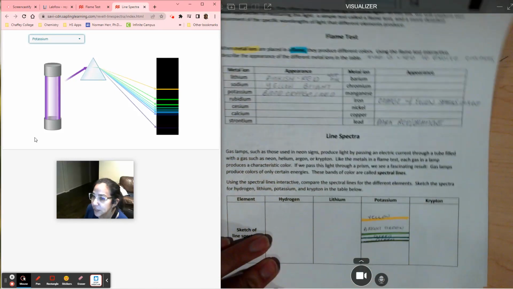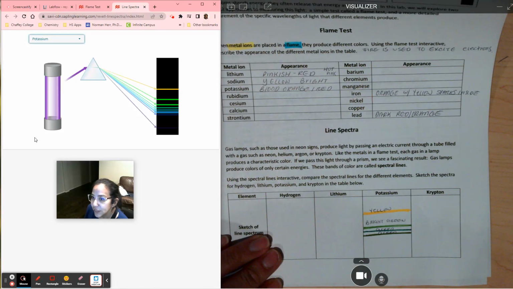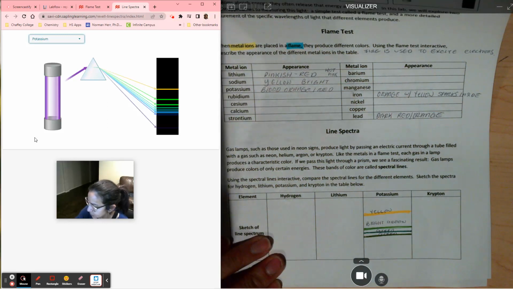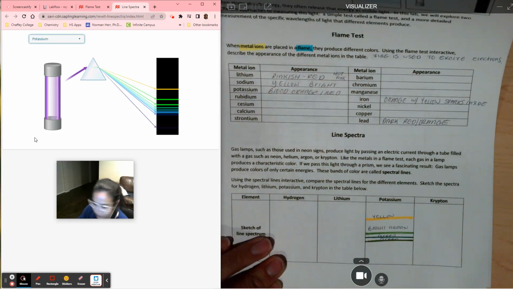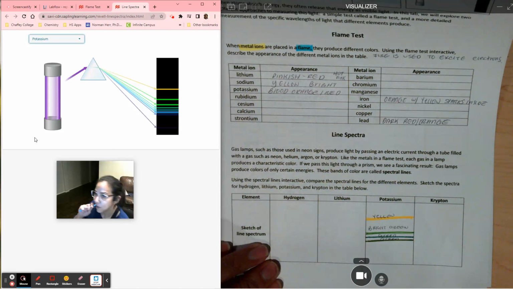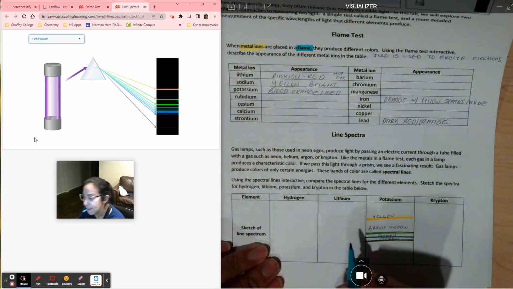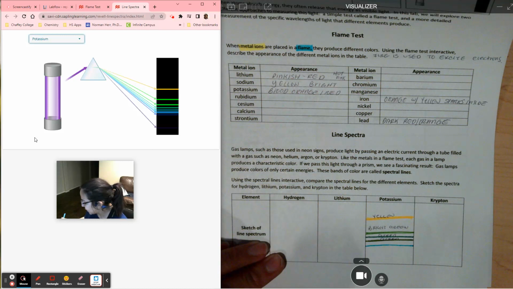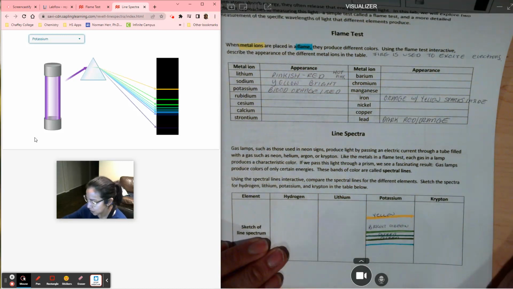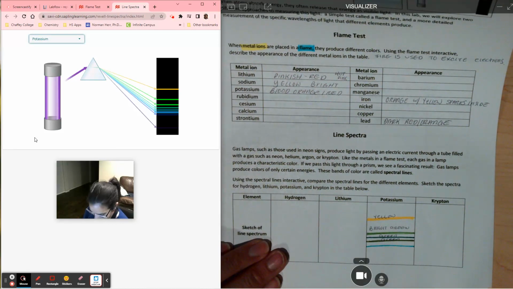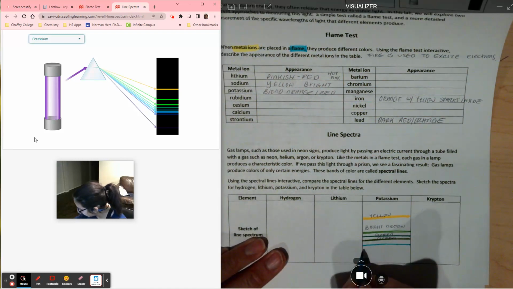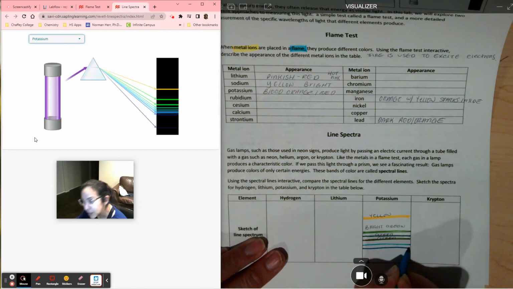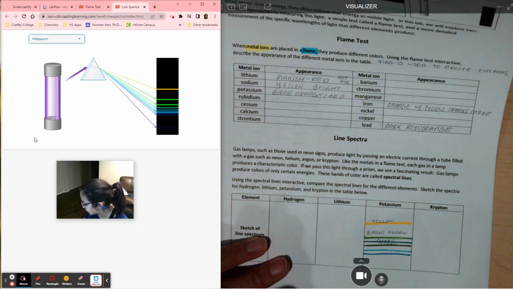Okay, my green lines. And then below my green lines, I'm going to have blue lines. So I have an actual like a baby blue first. Okay, so I have like a baby blue. And then from that baby blue, I got like another darker blue. And these blues are very close together.